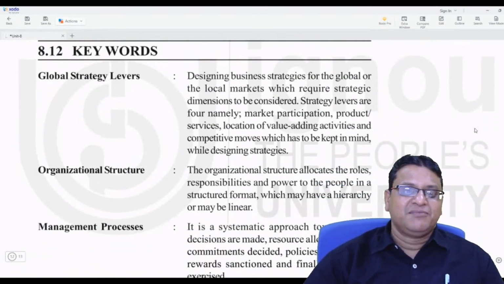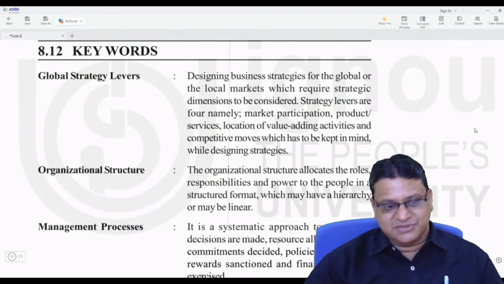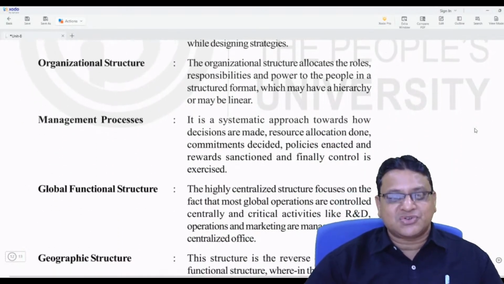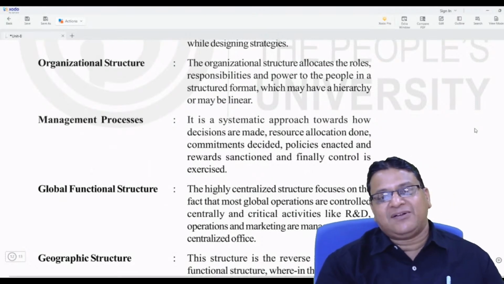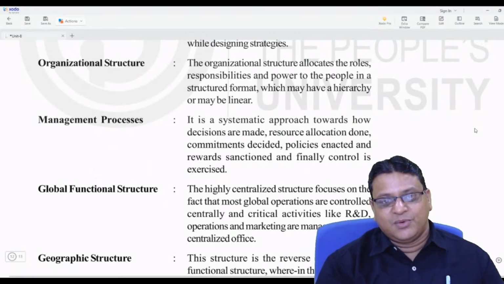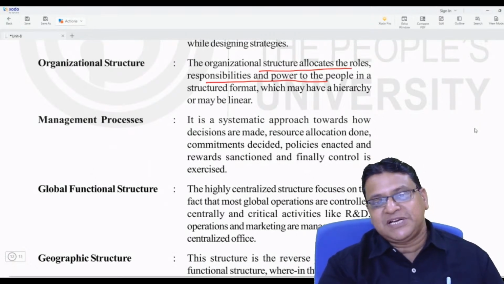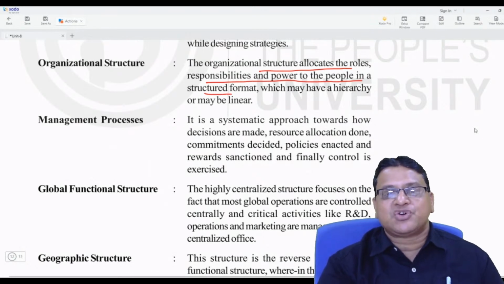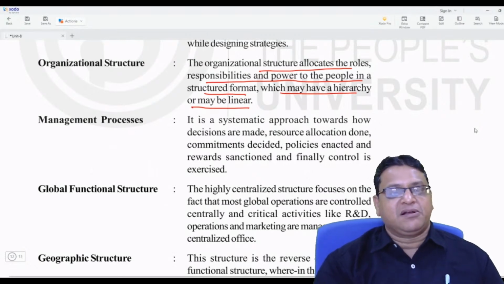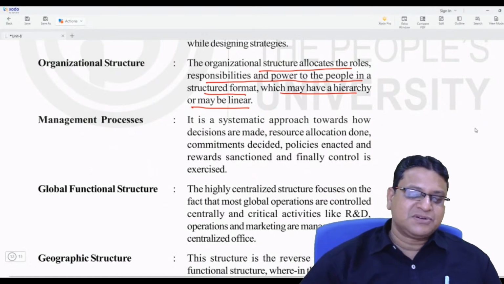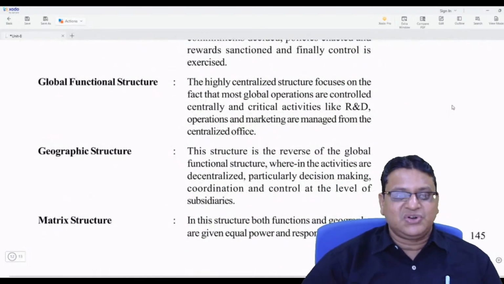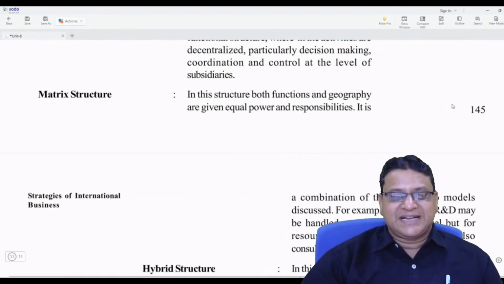What are the keywords? First, global strategy levers. Organizational structure: what is organizational structure? It is the way of organizing an enterprise. It's the structure that allocates roles, responsibility, and power to people in a structured manner, which may be hierarchical or linear. We have discussed management process. We have discussed global functional structure, geographic structure, matrix structure.